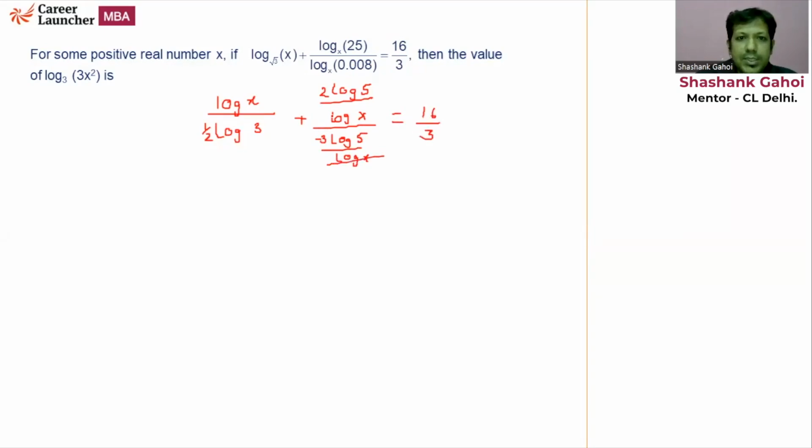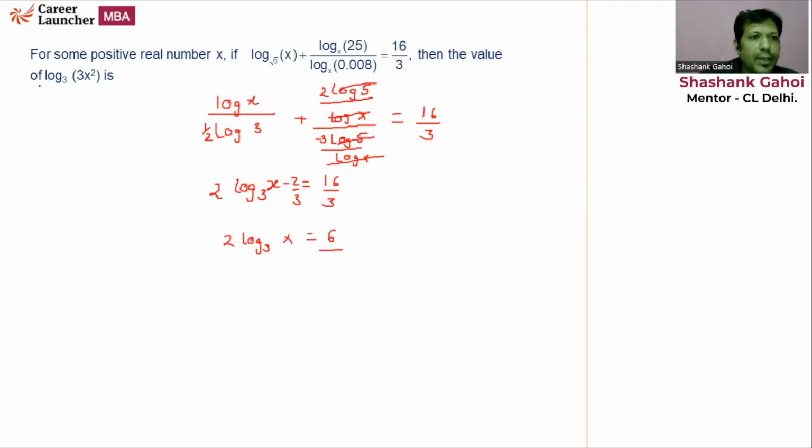Okay, so log 5 gets cancelled out. So I am going to get 2 log x, and let's say it is base 3 only. And here I'm going to get minus 2 by 3, and that is going to be 16 upon 3. Okay. So 2 log base 3 x is equal to 18 upon 3, and that's going to be 6.